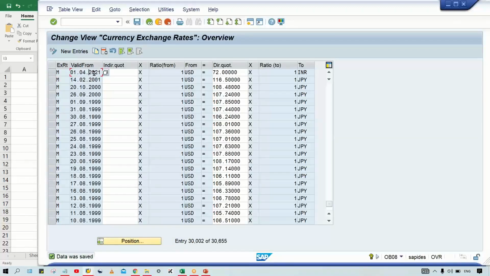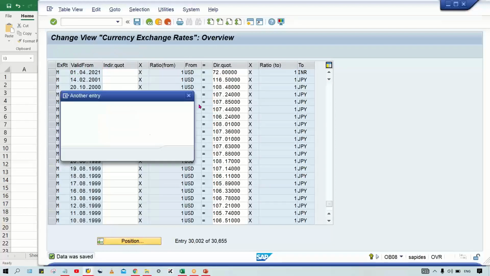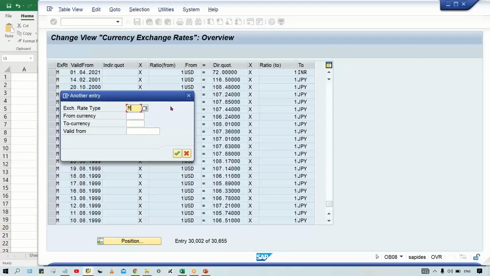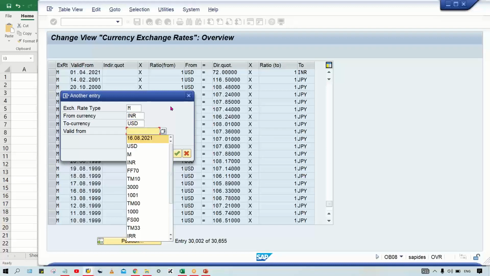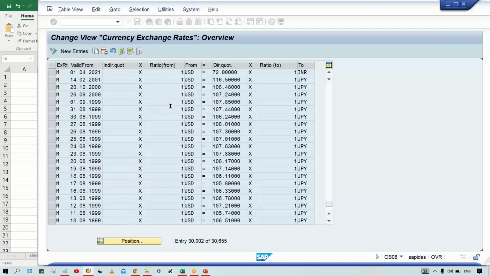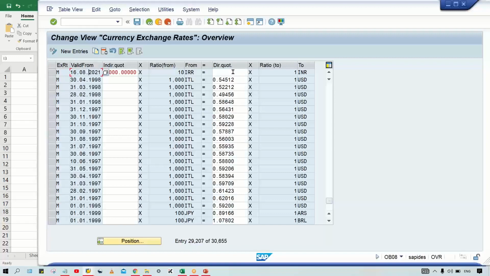Okay, so this is the rate, guys. Why is it one? Is it like INR versus USD? Let me check what is specified. No, this is INR.